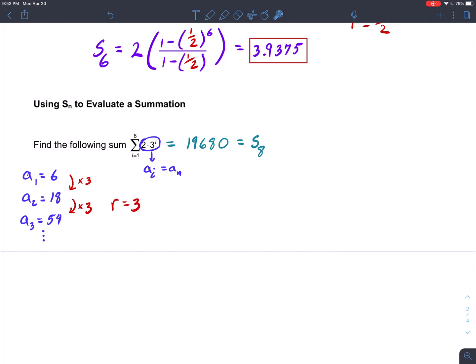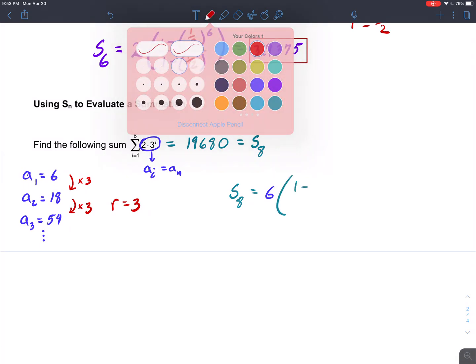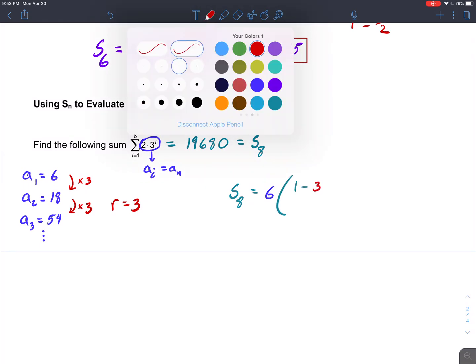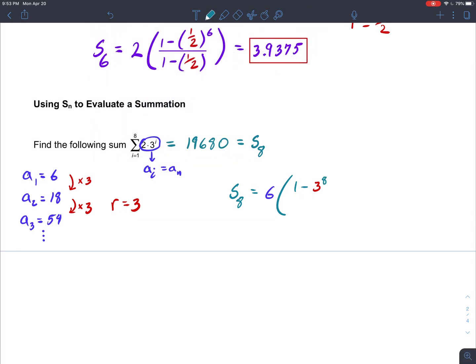All right, now I have the first term, 6, and I have my common ratio, 3, which means if I wanted, I could use the formula S sub 8 equals first term, 6, times, parentheses, 1 minus common ratio, 3, raised to the 8th power, because I want the sum of the first 8 terms, divided by 1 minus 3. 1 minus the common ratio again.